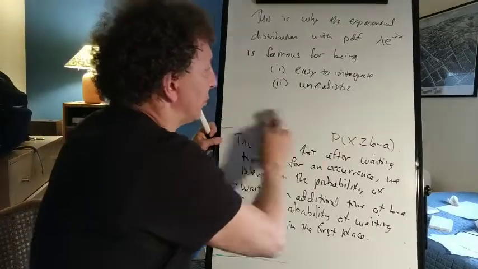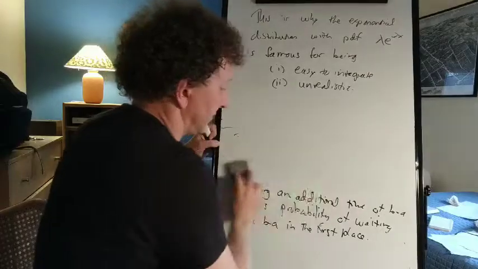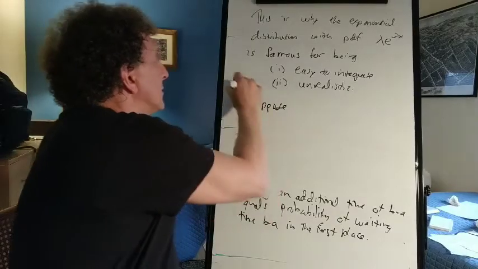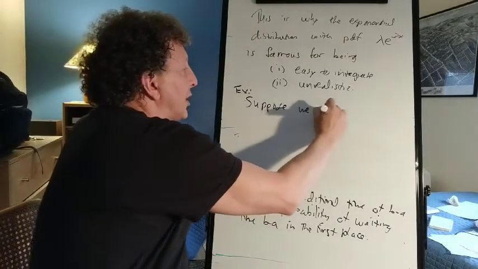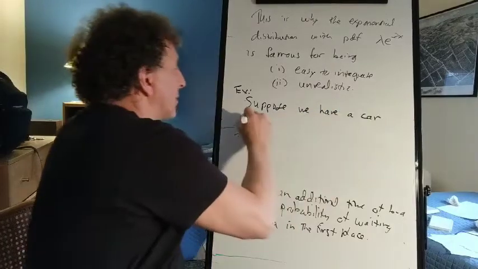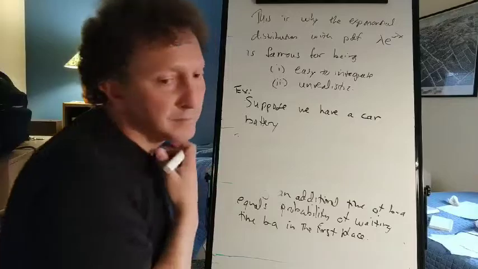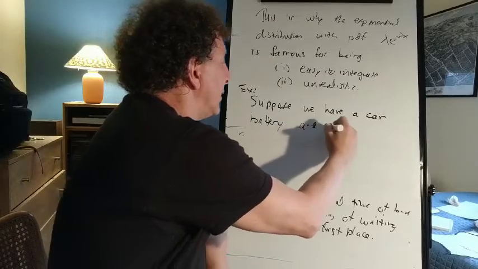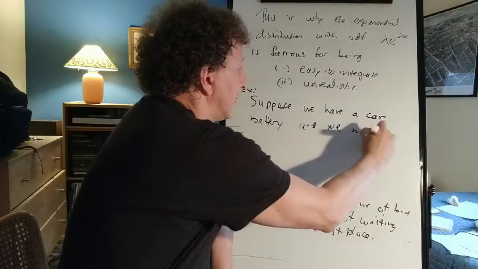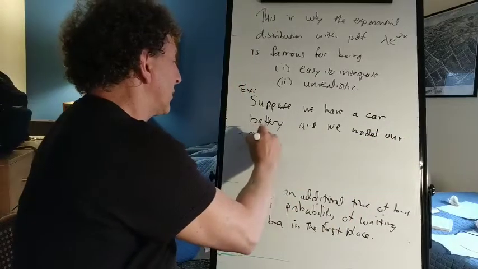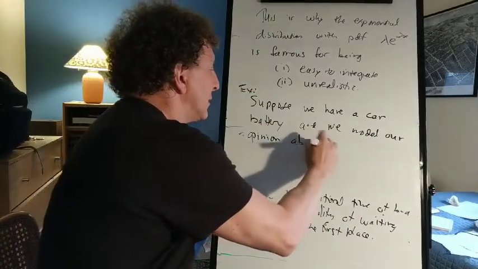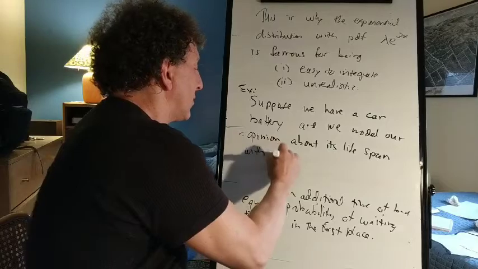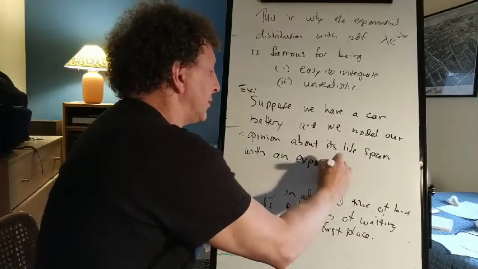So, just to do one example, suppose we have a car battery and we model our opinion about its lifespan with an exponential random variable.